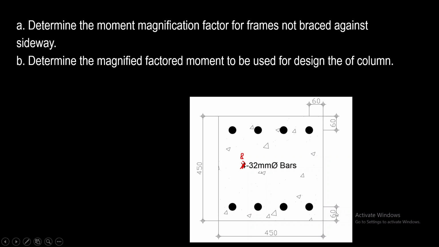The effective concrete cover of the steel reinforcement to the extreme concrete fiber is 60 millimeters on center of the reinforcement.